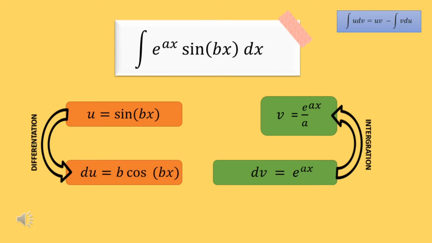So we differentiate u, which is sin bx, and it will be du equal to b cos bx, and we integrate dv, which is exponent ax, and it will be v equal to exponent ax over a.